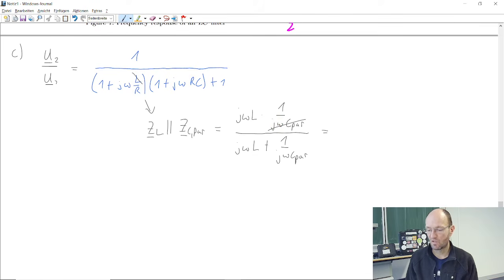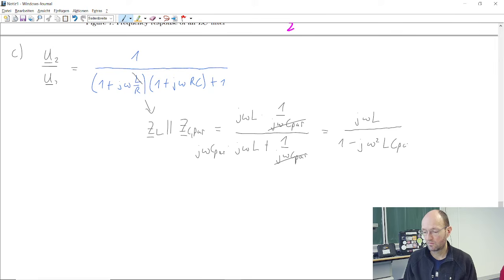You can once again expand by this. So we cancel it here and cancel it there, and then we need to add it here: j omega C parallel. So we get j omega L divided by 1 minus omega squared L C parallel, something like this, maybe, right?